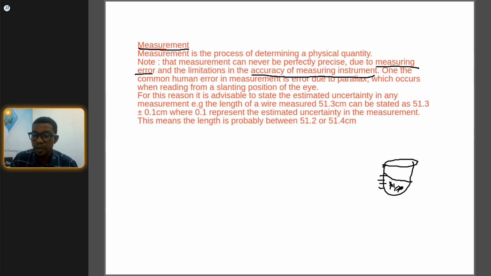All right, so in your chat box, you see some pictures. So we want to look at some examples of the instruments used for measuring quantities in physics.